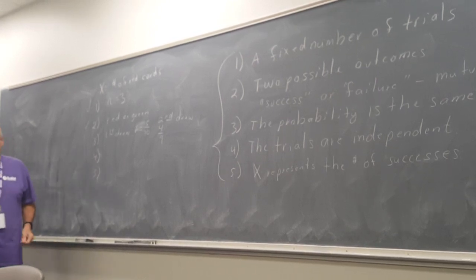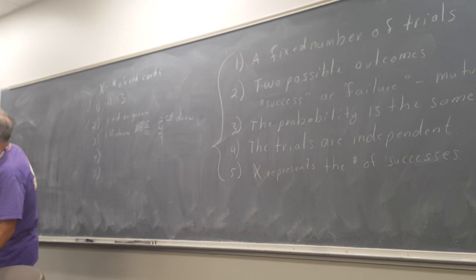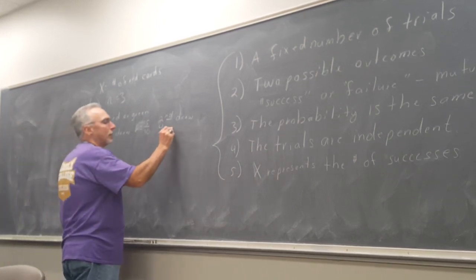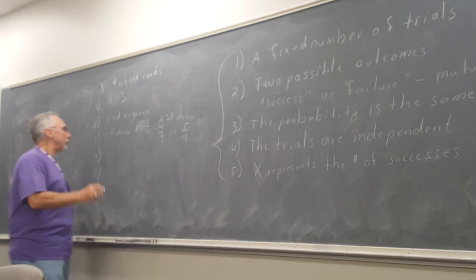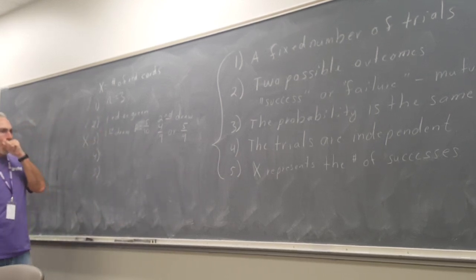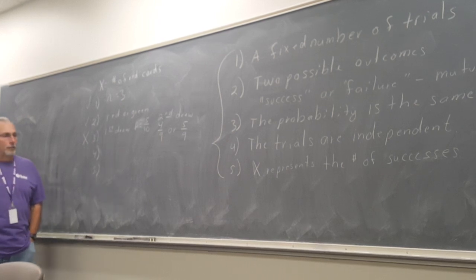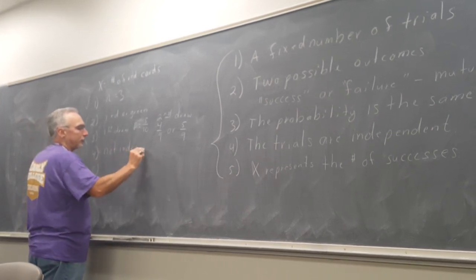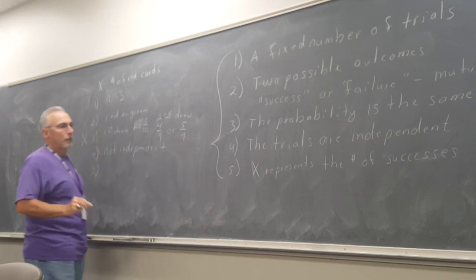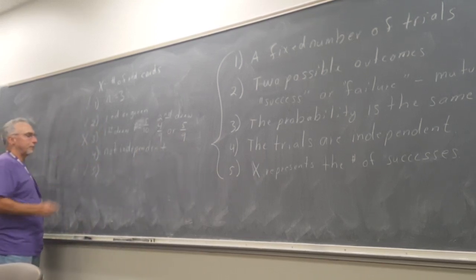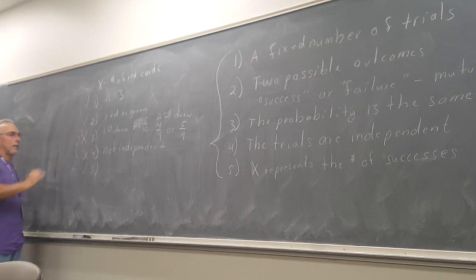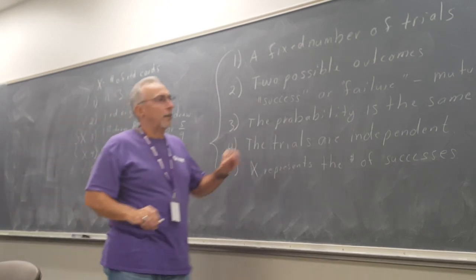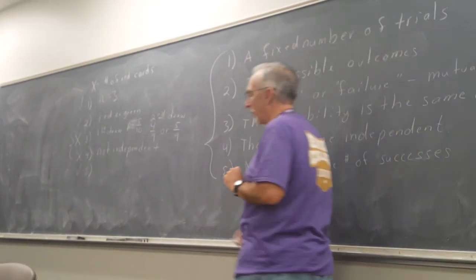Now, if I did not get a red, what would my probability be? 5 nines. If I keep going, the trials, are they independent? No. So just know those 5 criteria, and make sure you can look through those and figure out if it's really a binomial experiment.